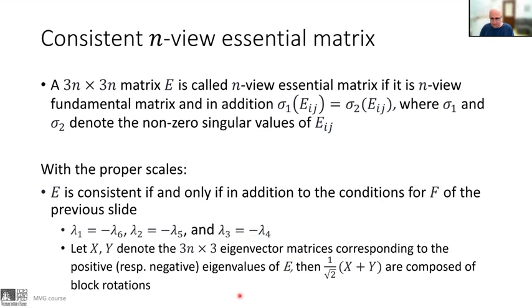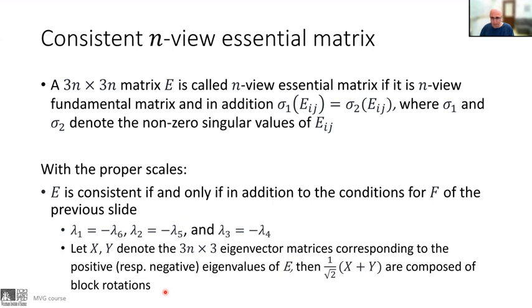In addition, there is some rotation constraint on the eigenvectors. If you sum up the eigenvectors for the positive and the negative eigenvalues, you will get block rotations.